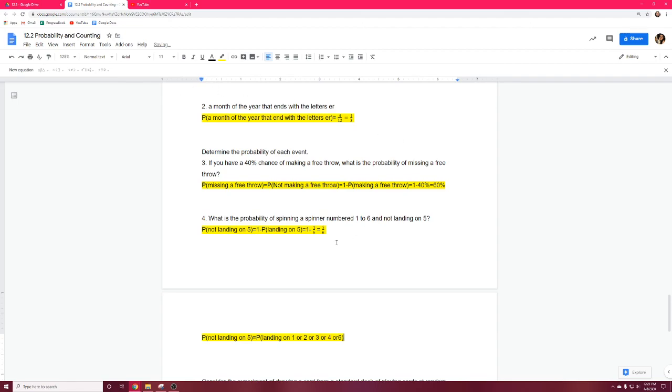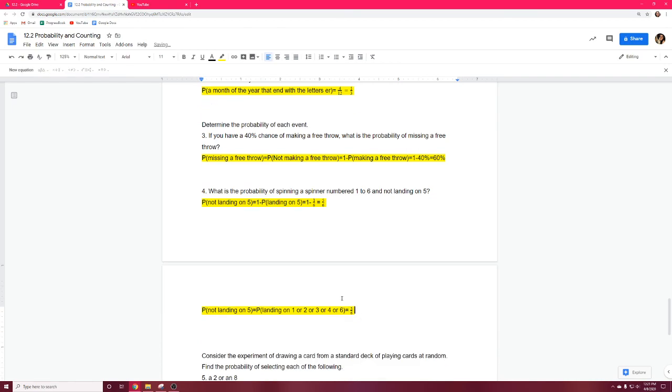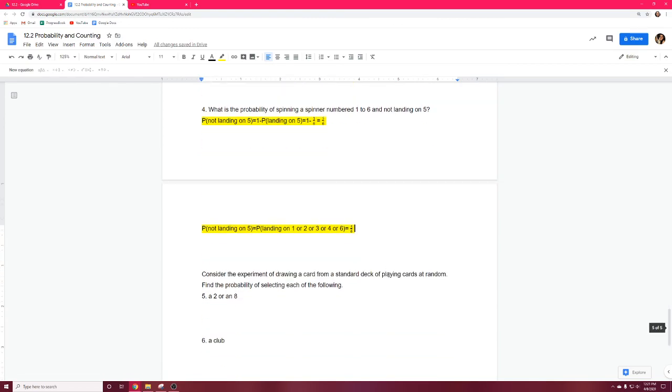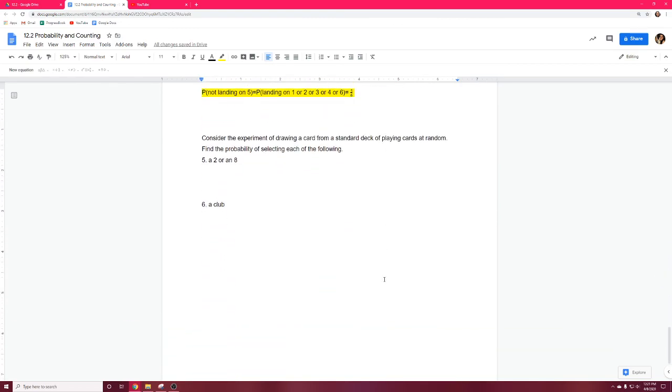Okay, you do not need to use your knowledge of complements to solve this question. So landing on 1 or 2 or 3 or 4 or 6, that will be 5 total possible outcomes over the total 6. You can also use this way to get your answer. Okay, so here we go, the last question.